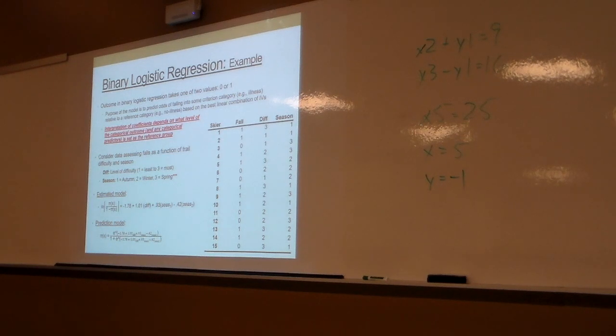I just need to exponentiate using this function right here. So I get my expected value for my outcome, and then I take base e to that power over 1 plus base e to that power, which gives me an actual probability. People see how we're manipulating this stuff around to get something that might be useful.